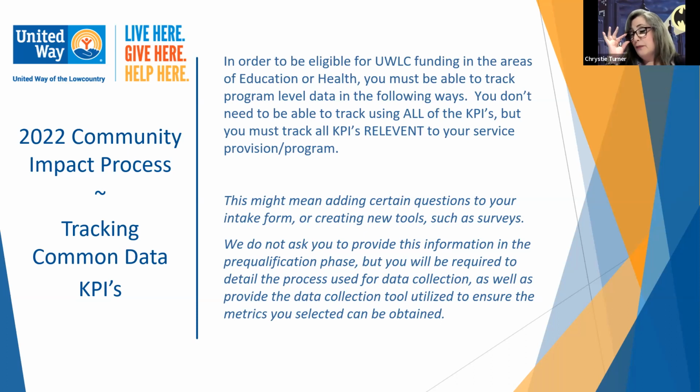If your organization receives an outside grant but you're not dedicating any of that grant money to your program, it's still going to be shown in your organizational budget so that we can see the community support of your organization, but you wouldn't show it as income in your program budget. Does that make sense?